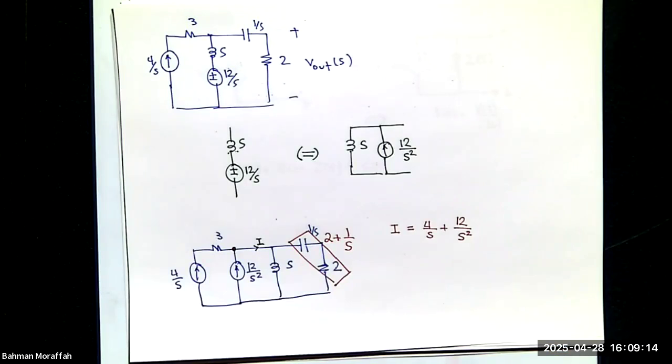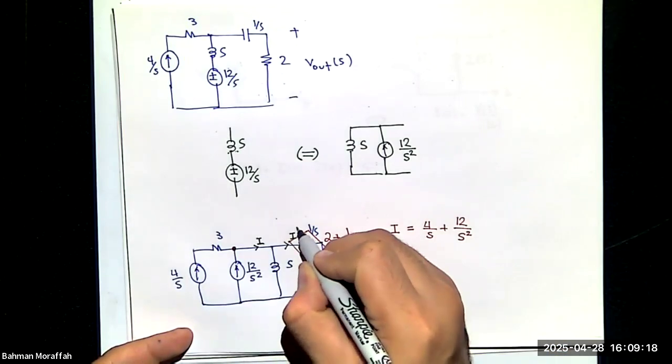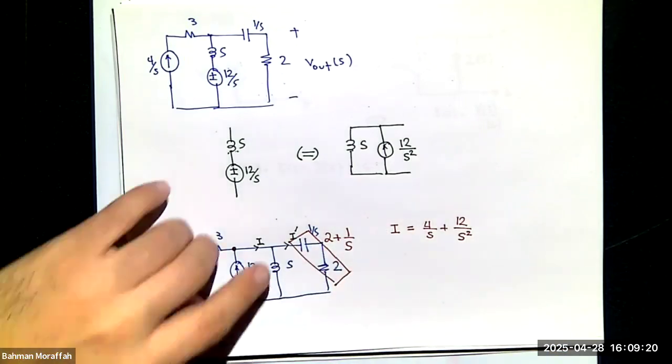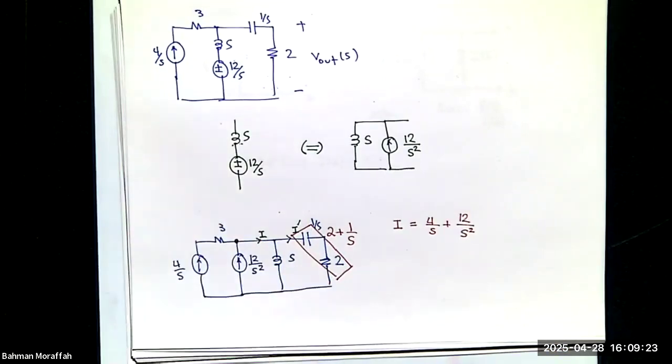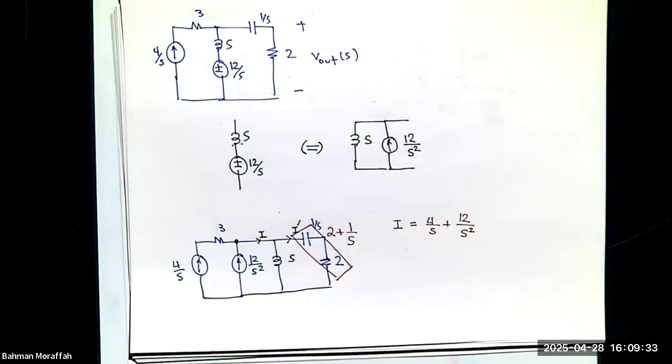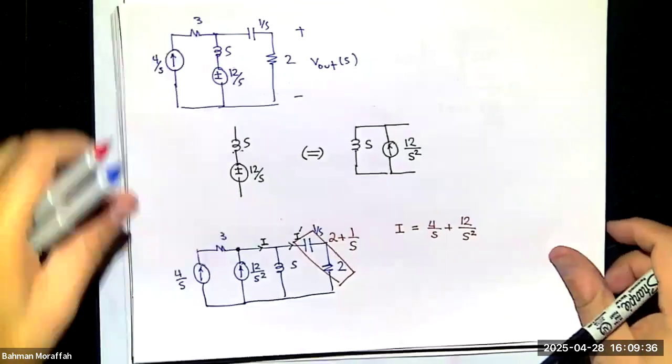Right? Let me call this current over here I prime, which is current through both 1 over S and 2. What is I prime? It is a current divider. Do you agree I can compute it? So what is I prime?